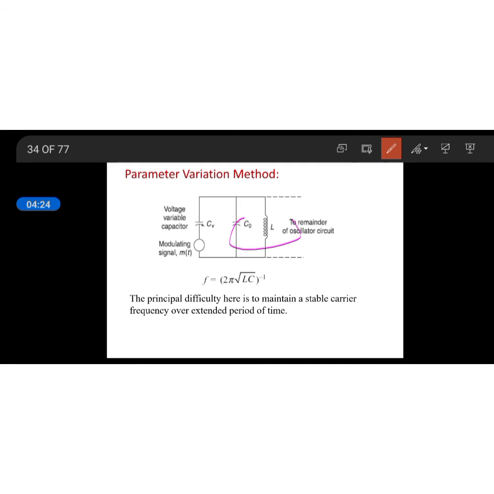According to this working, the capacitor voltage controls the frequency of the oscillation. The frequency of oscillation of this circuit is 1 by 2 pi root LC, that is, (2π√LC) to the power minus 1.